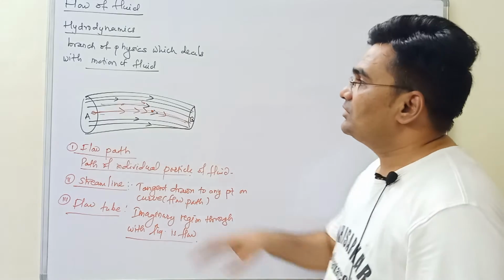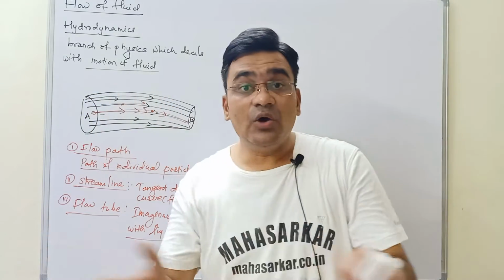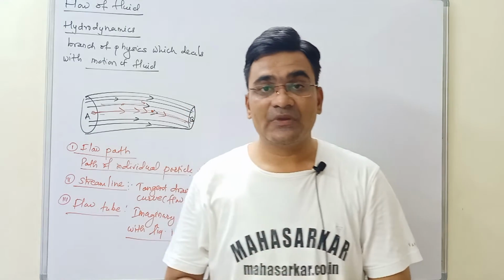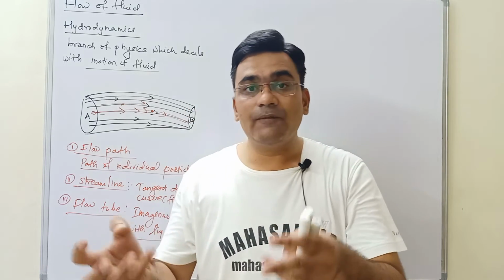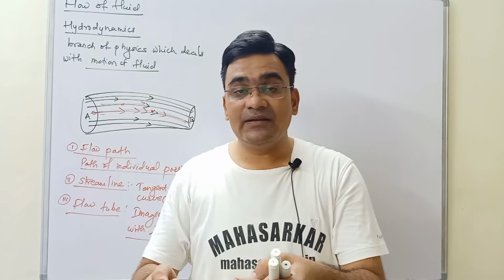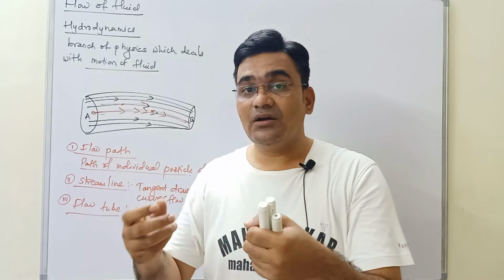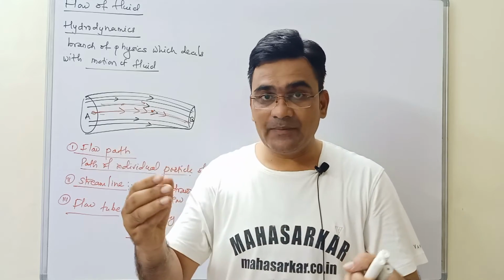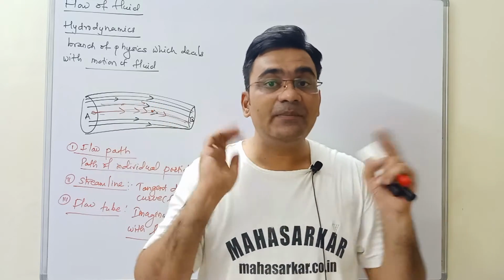Okay, so now we are going to distinguish one of the very important types of flow. When we studied the flow, I said just imagine the water is flowing inside the pipe, from end A of the pipe to end B of the pipe.